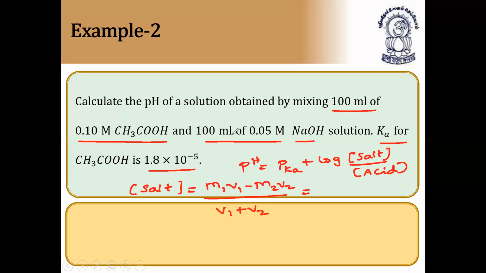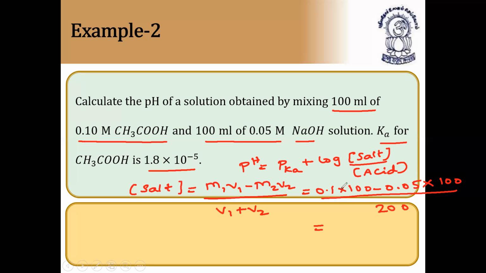And salt is obtained by the combination of these two only. So in this, 0.1 into 100 is 10 and 0.05 into 100 is 5. So we can say 0.1 into 100, that is in the case of acid, minus 0.05 into 100, that is in the case of base, by 200, 100 plus 100.